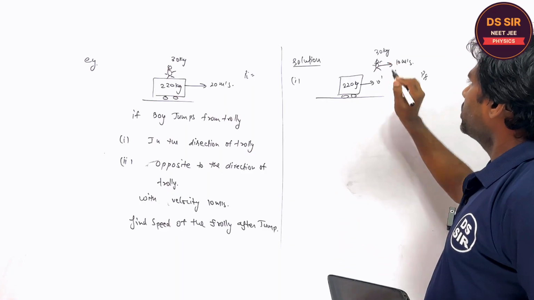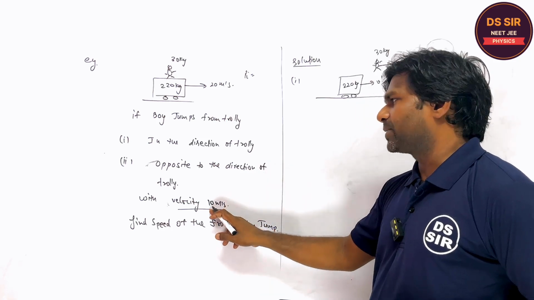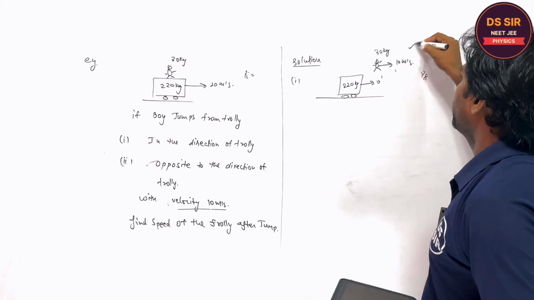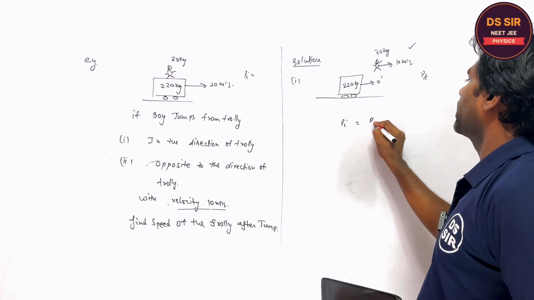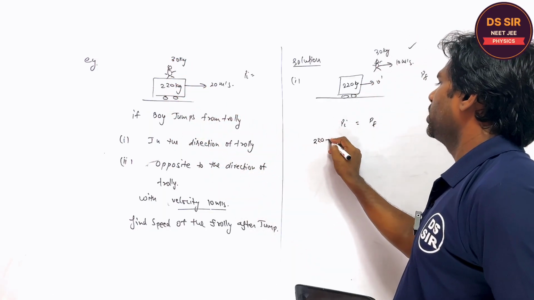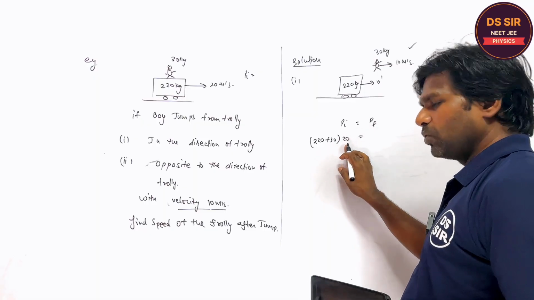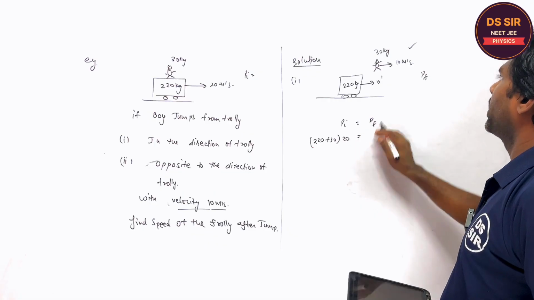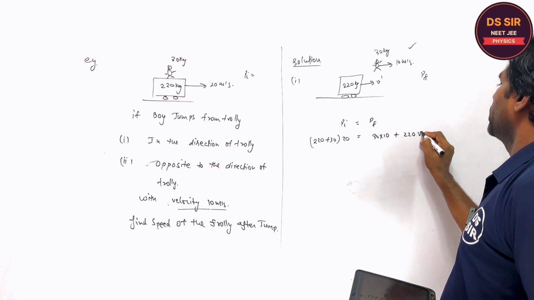So in this case the initial momentum and the final momentum must be equal. Although it is not given in this question that it moves with the speed 10 meter per second with respect to the car, this is the velocity of the person given with respect to ground, you will assume. The initial momentum, 20 plus 30, both are moving with the speed, m1 plus m2 into v1, and here the final momentum is 30 into 10 plus 220 into v dash.